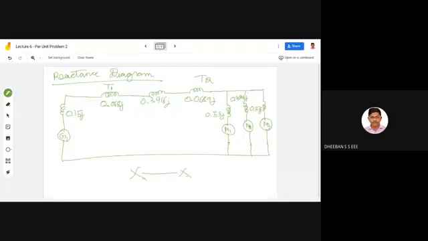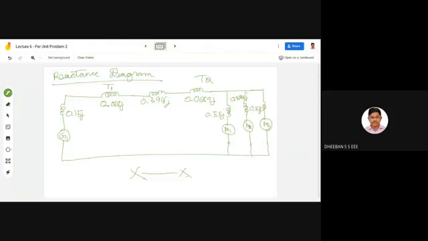If you practice a lot, most of the problems will be very easy with these steps. You can easily find out everything. I'll be giving you a single line diagram.